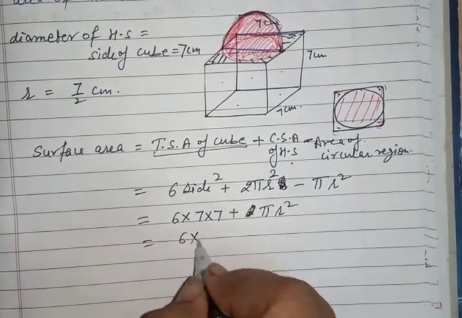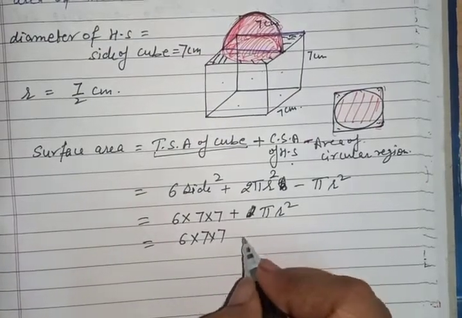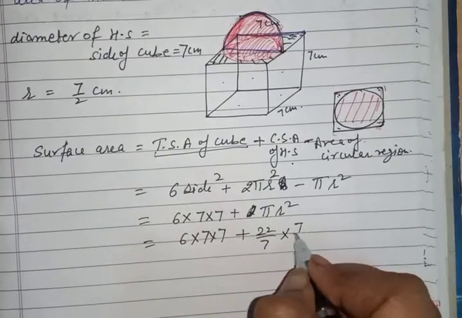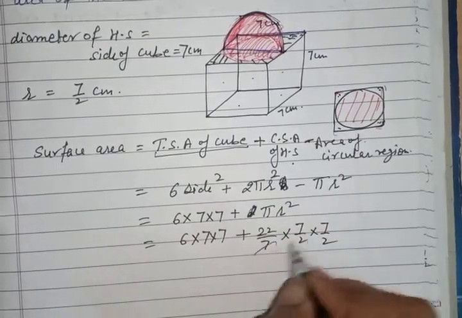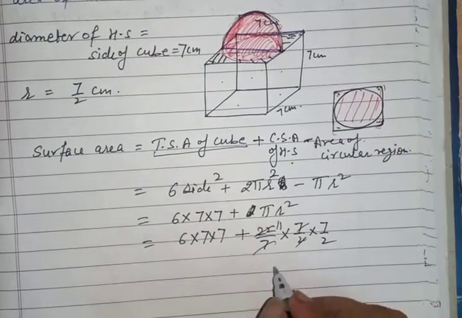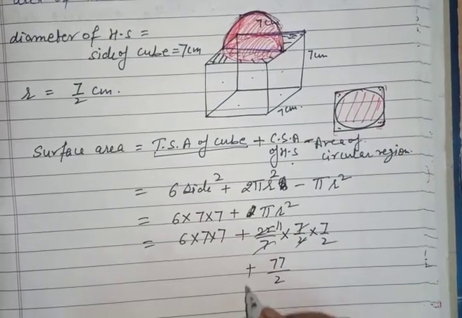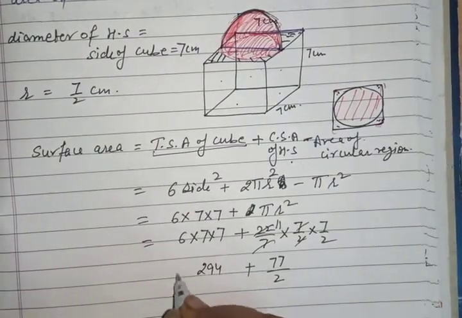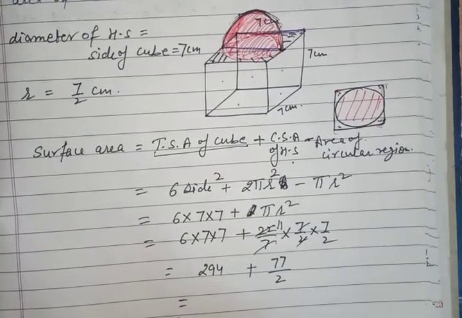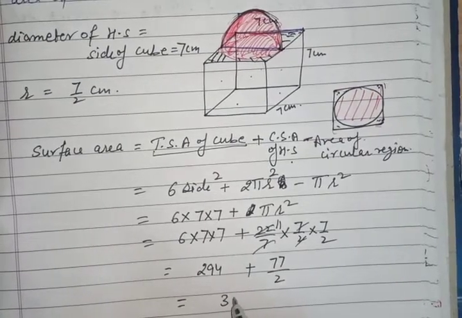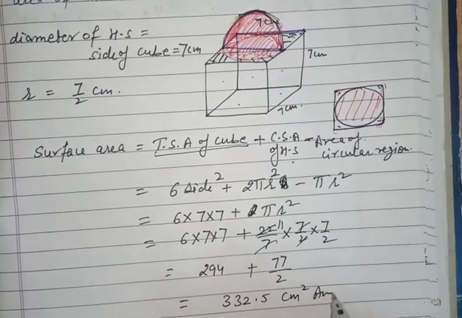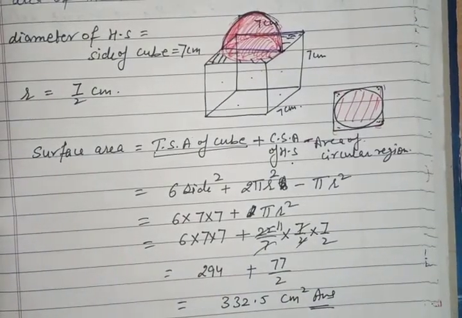So putting all the values, 6 into 7 square, plus 22 by 7 into r, which is 7 by 2 and 7 by 2. So this is 77 by 2 and this answer is 294. And after taking LCM and solving, we will get the answer as 332.5 centimeter square.